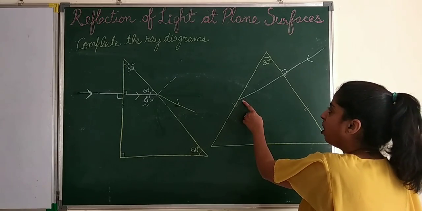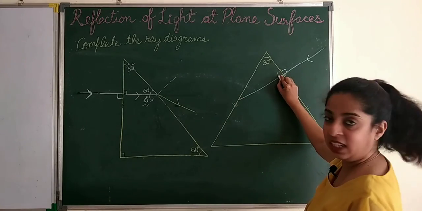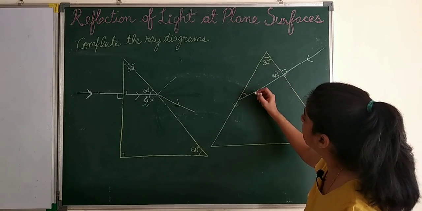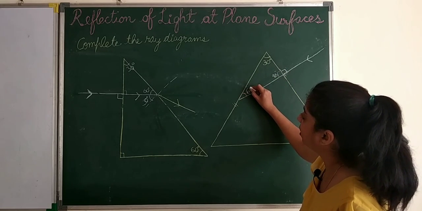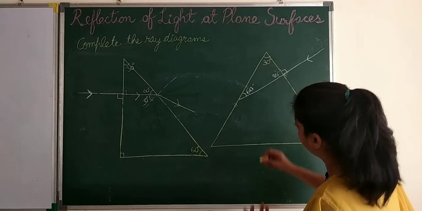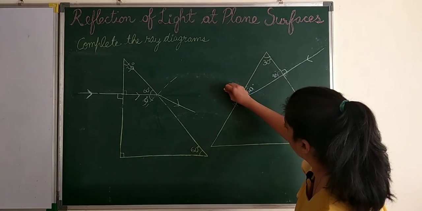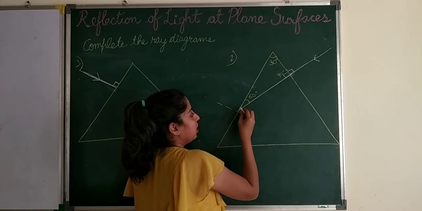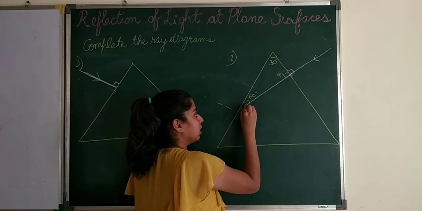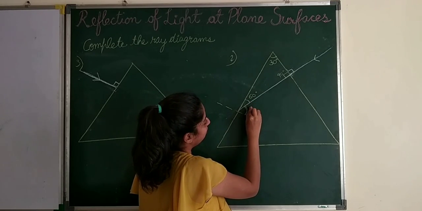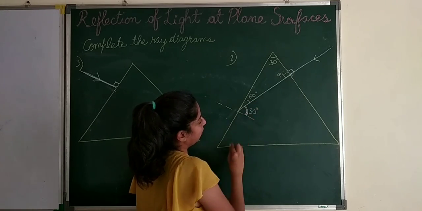Now here we will calculate. This is 90, this is 30, so this will be 60. But this is not the incident angle. We will draw a normal here. The angle that the incident ray makes with the normal is your incident angle. So if this is normal, this is 60, it will be 30.